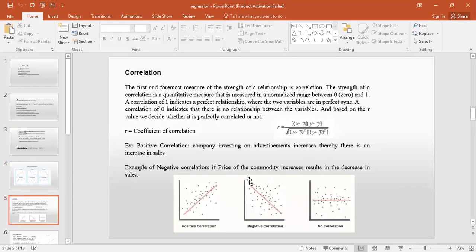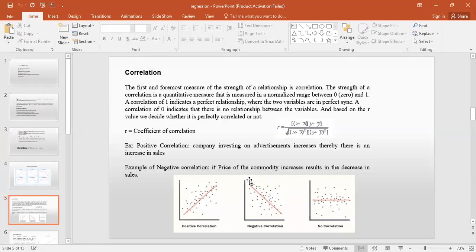To apply the regression models, we need perfectly correlated variables to enter, that is, the variables which can give a good and accurate result. Based on the correlation factor, or the R value, we can determine that. Correlation is nothing but a relationship between two variables.